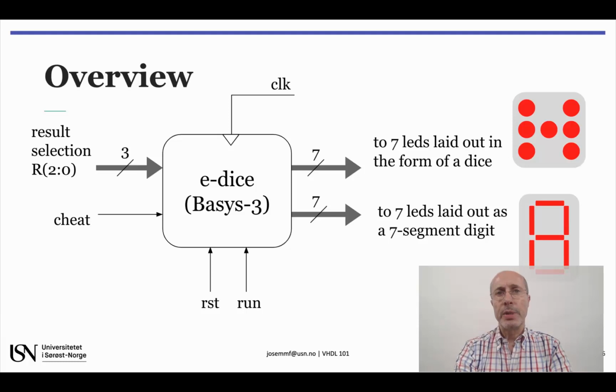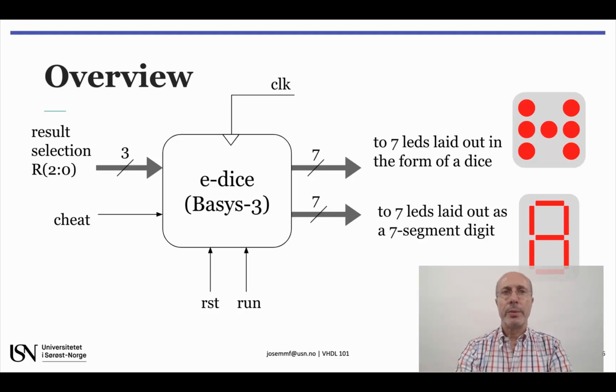The 2 position switches available in the Basys 3 board can be used to drive the cheat input and the result selection inputs. Then we need a run input that will throw the dice when pressed and stop it from rolling when released. An onboard push button can be used for this purpose. The remaining inputs represented here are the usual clock and reset inputs.